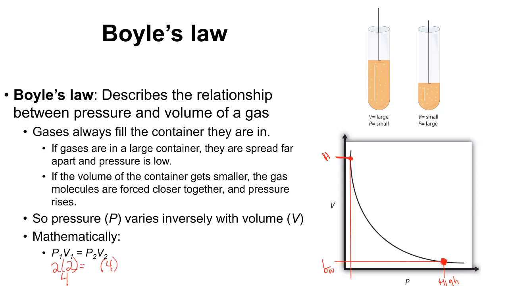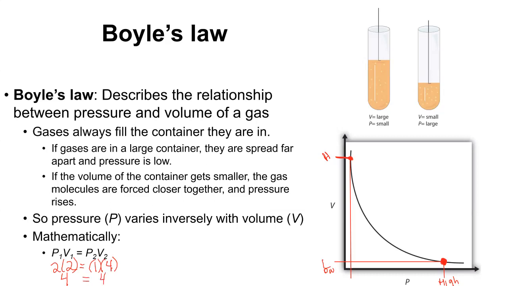So we've doubled our volume, and relating this to the lungs, this would be like when you breathe in and the lungs get bigger. What happens to the pressure inside of the lungs as the volume gets bigger? We remember we have to make this equal to 4. So the second pressure has to be 1 because these two values have to equal each other.